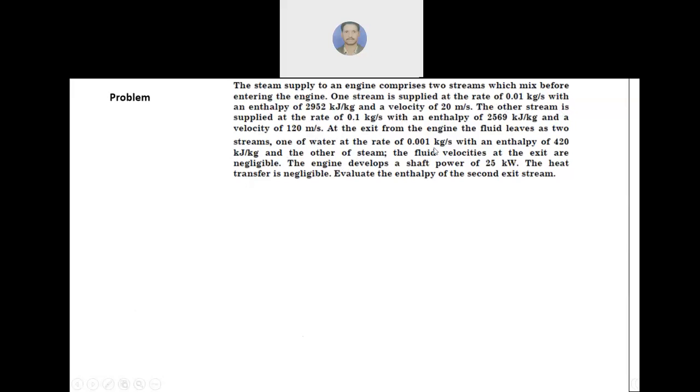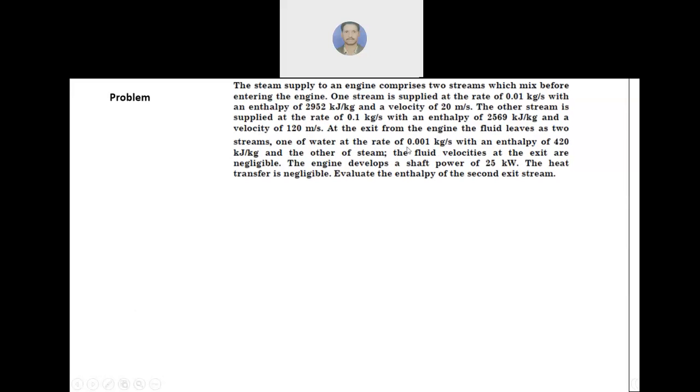Now at the exit, the fluid leaves as two streams. At the inlet there were two streams, and at the exit also. The data given is that at the exit from the engine the fluid leaves as two streams.